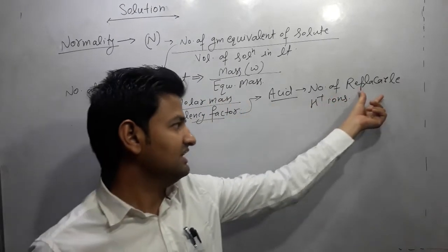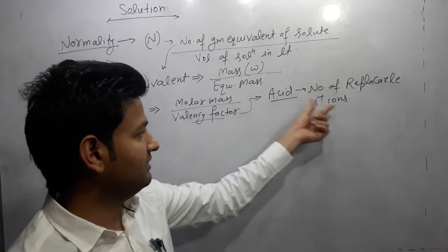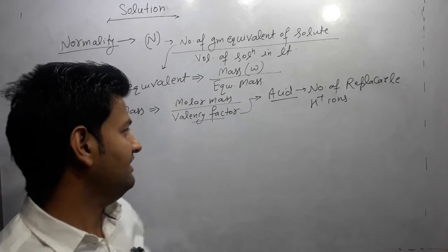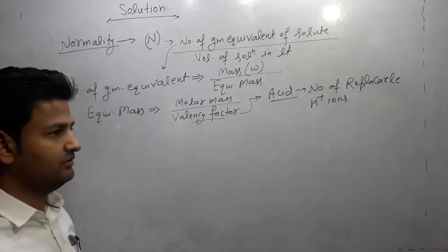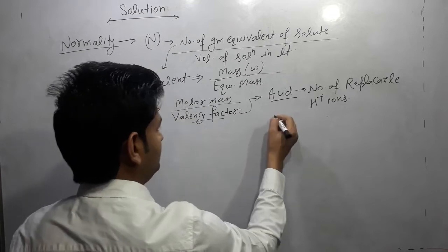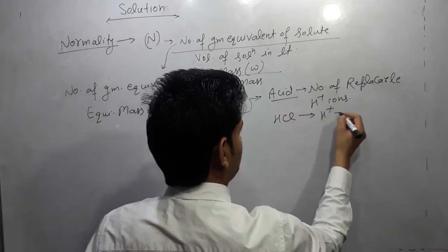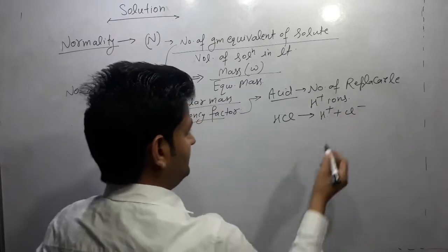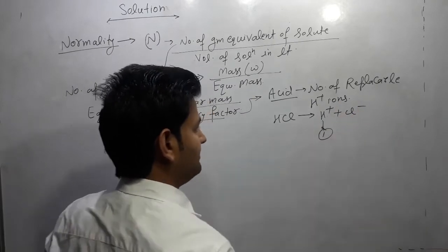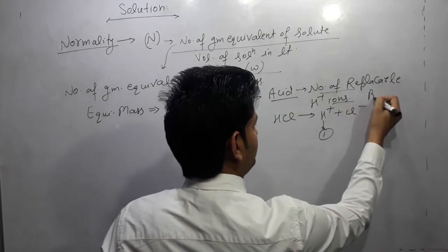The number of replaceable H plus ions present in the acid is the valency factor for the acid. Take the case of HCl. It ionizes into H plus and Cl minus. So 1 H plus is present, so its valency factor is 1.